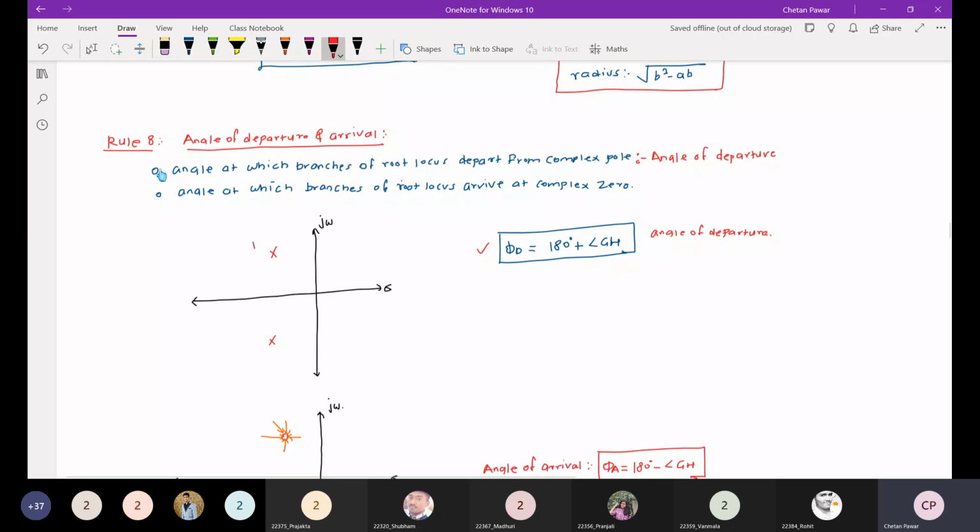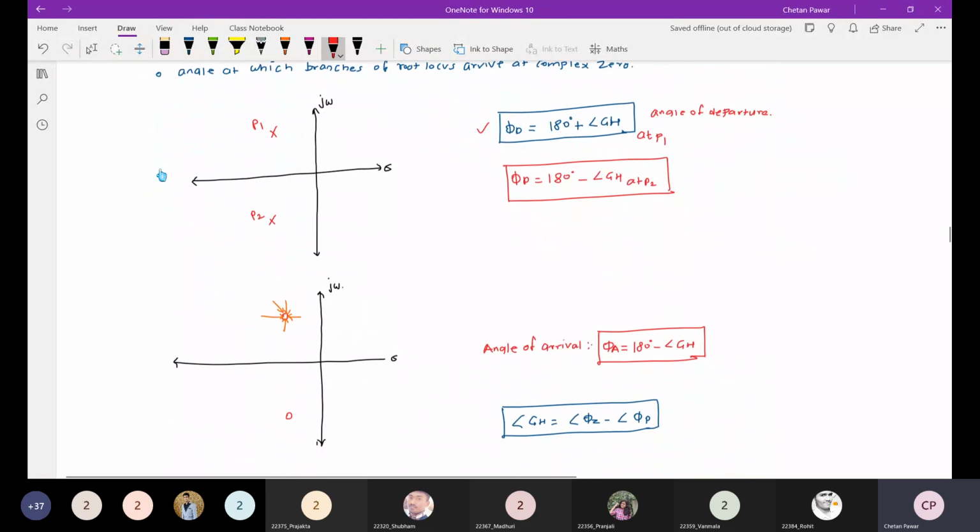If I say this is point P1, this is point P2, so at P1 it is 180 degree plus angle of GH. And if you want to calculate the angle at P2, then the angle of departure will be 180 degree minus angle of GH at P2. Like this way, angle of departure is found out.